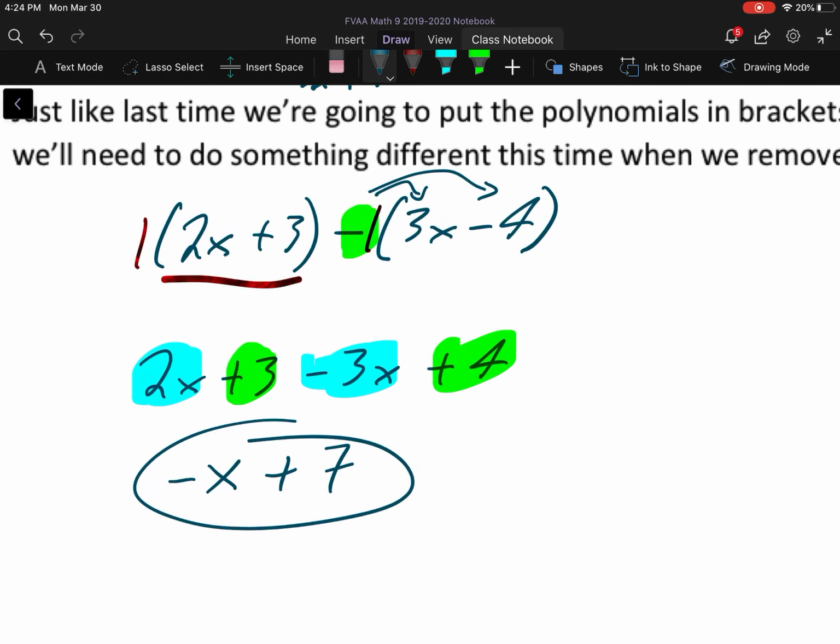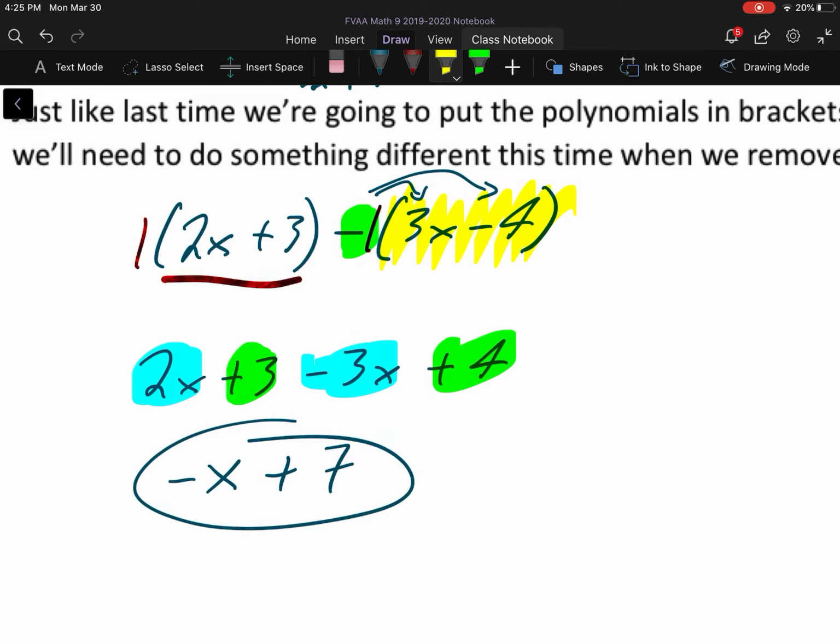Do notice that finding the opposite of the polynomial that we're subtracting only applies to the second set of brackets, okay, the one that's being subtracted. All right, the first set of brackets you see on the left, because you're multiplying by positive 1, nothing changes on the first set of brackets. It only changes on the second set of brackets, because that invisible 1 actually becomes an invisible negative 1.